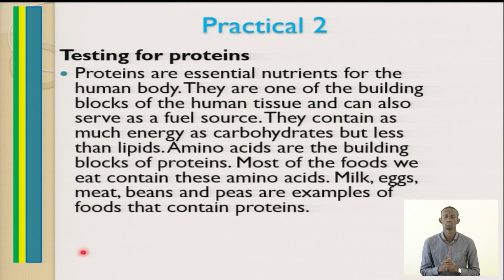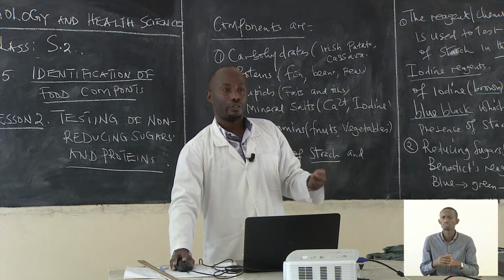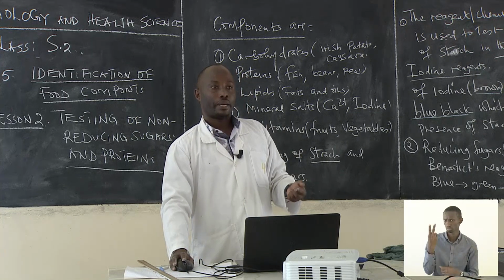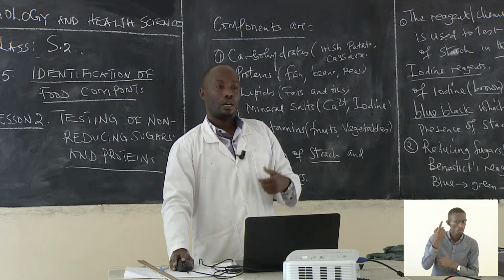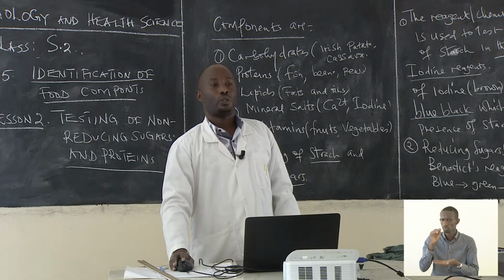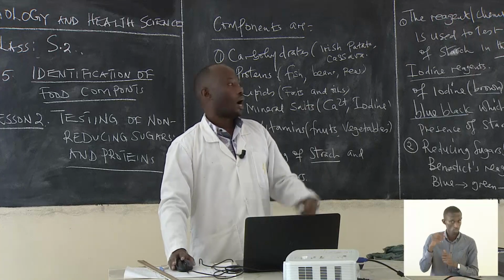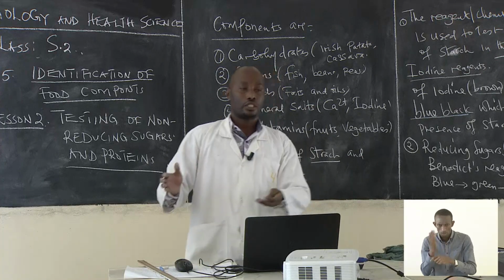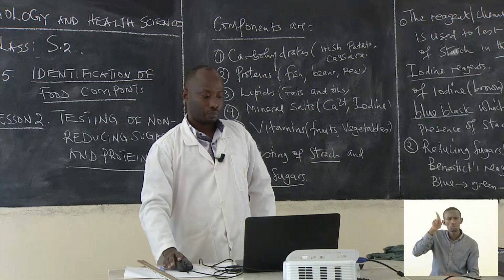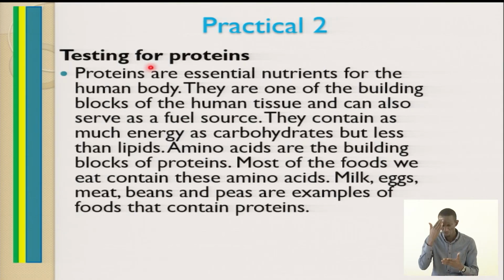Let's go to testing for proteins, which is practical 2. You have seen that practical 1 was testing non-reducing sugars. Practical 2 is testing proteins. How can we say that a food contains proteins? Proteins are essential nutrients of the human body.